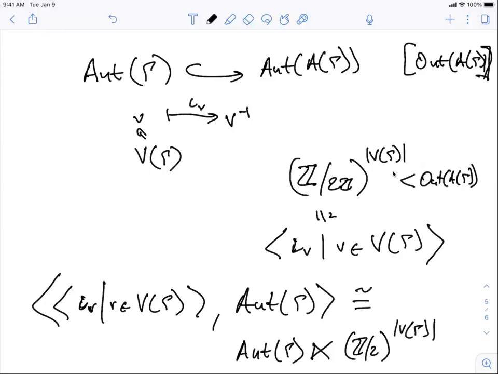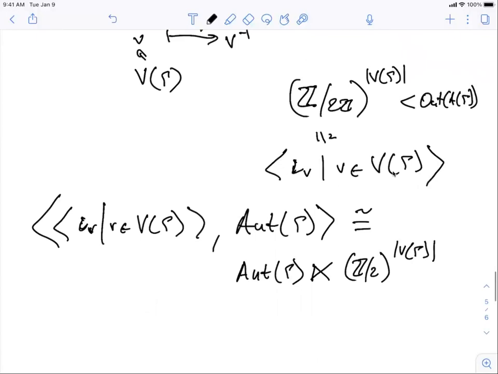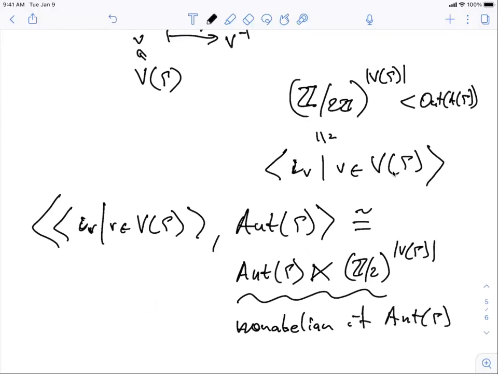Okay. And so this group, the semi-direct product of Aut gamma with Z mod 2 to the number of vertices, is non-abelian if Aut gamma is not trivial.